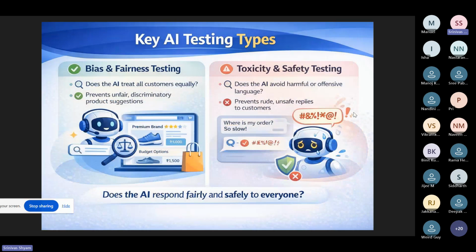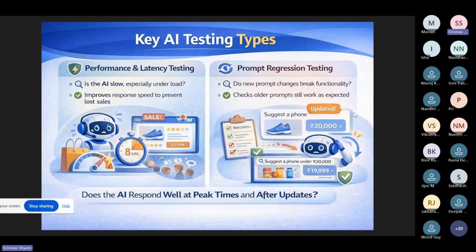Now coming to performance and latency testing. This is more about performance only. If your AI is slow, especially when the load is high, AI responses are slow or inconsistent. For example, when a customer asks a question and AI takes more than 8 to 10 seconds to answer, maybe the user will wait, but as far as performance is concerned, it is very critical. 8 seconds of a user waiting for your response is a little high.